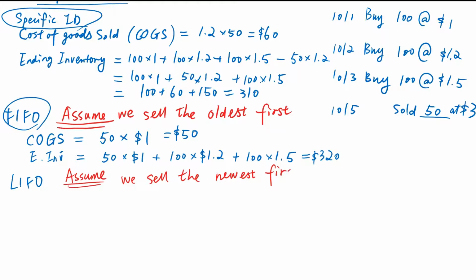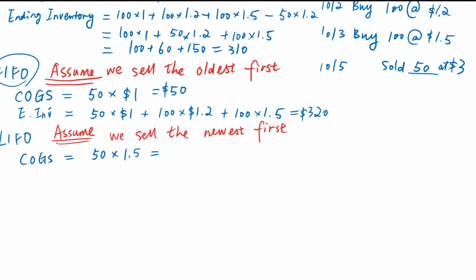So what's the newest in our timeline? Well, the newest apples are those at $1.50. Therefore, the cost of goods sold using LIFO would be 50 times, since we sold 50 apples, $1.50, because that's our newest inventory.